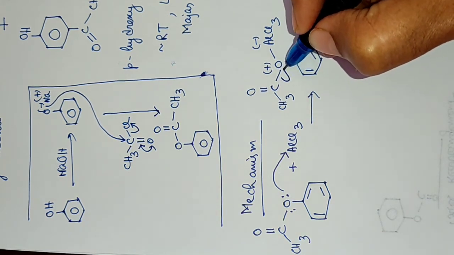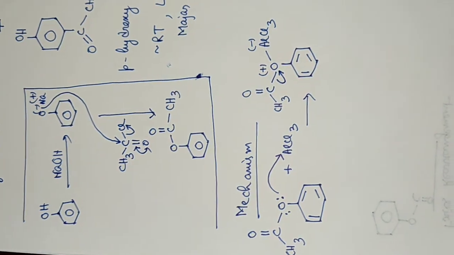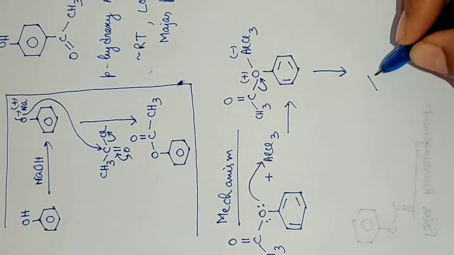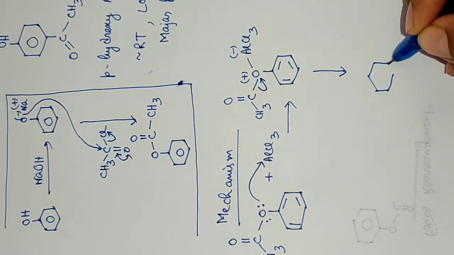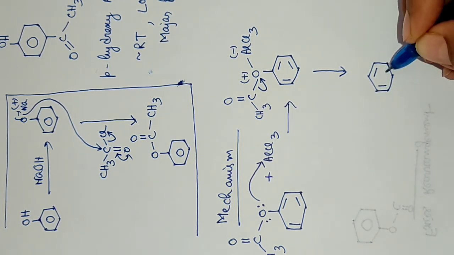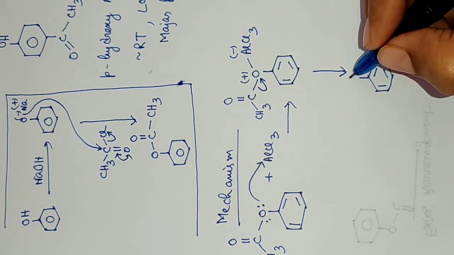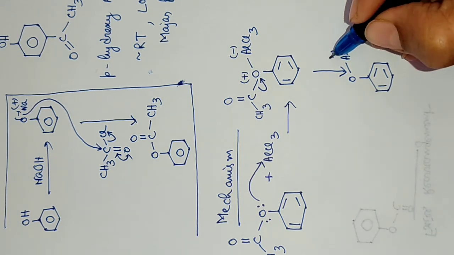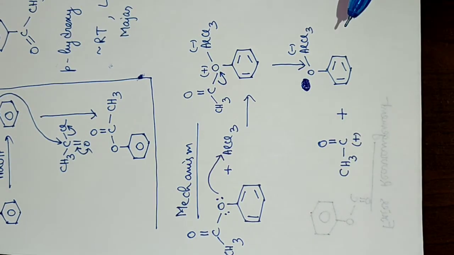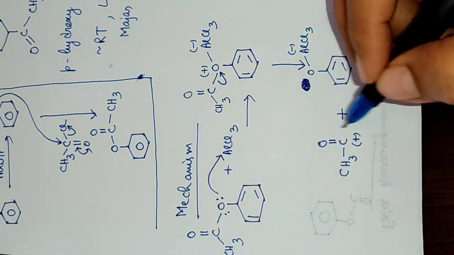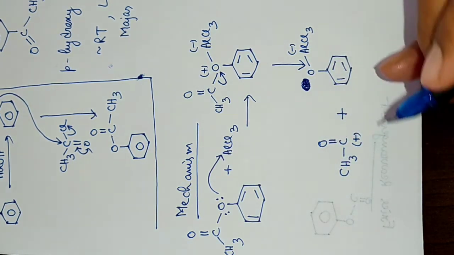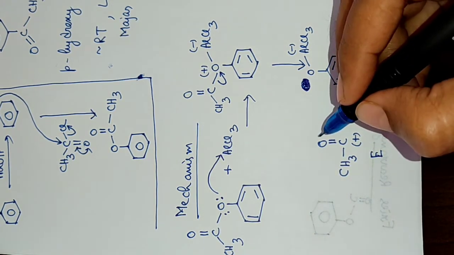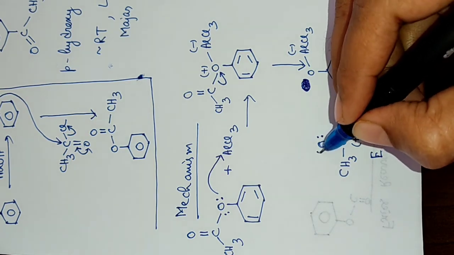This bond will open up upon oxygen, so that we have this acyl cation. Now this is an electrophile and this cation is stabilized by this lone pair through resonance.